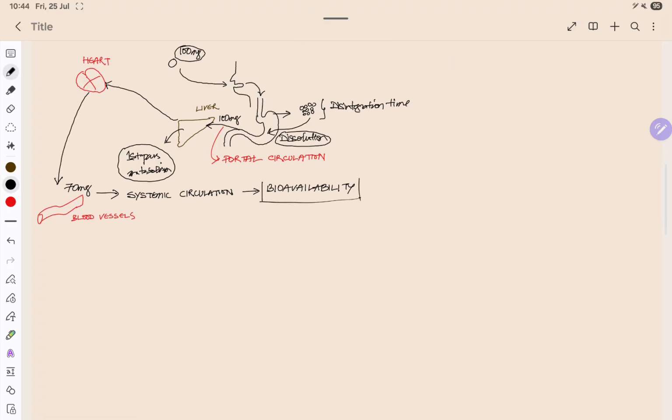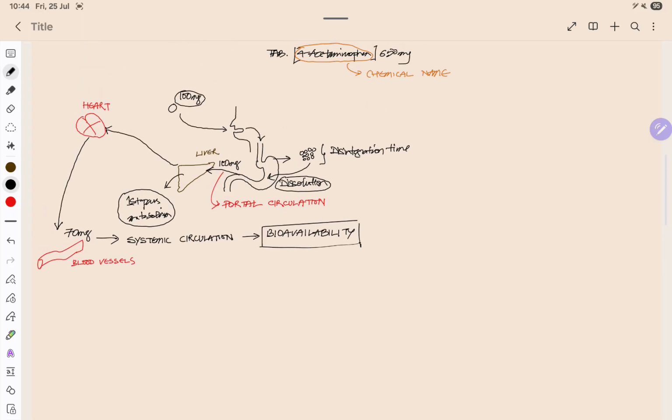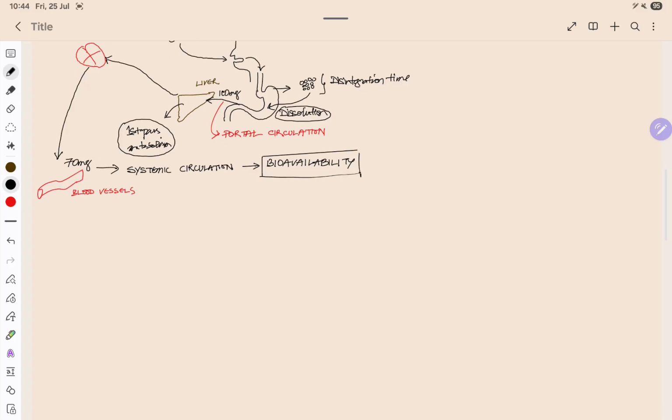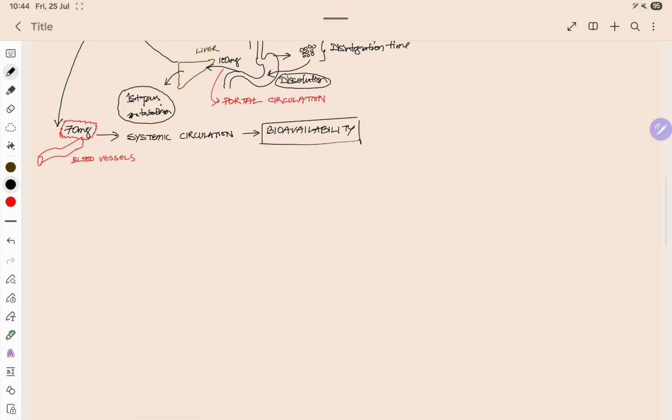Okay, so the textbook definition of bioavailability is the fraction of drug that reaches the systemic circulation in the unchanged form. Now, the 70 milligram of drug that is now being distributed via the blood vessels will act on certain receptors in the body.